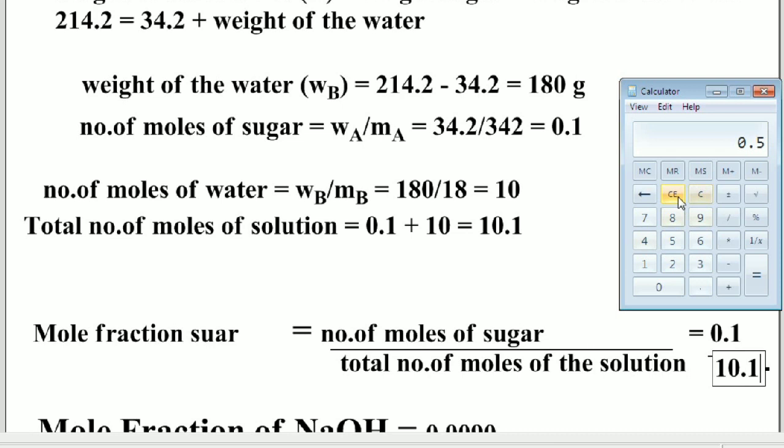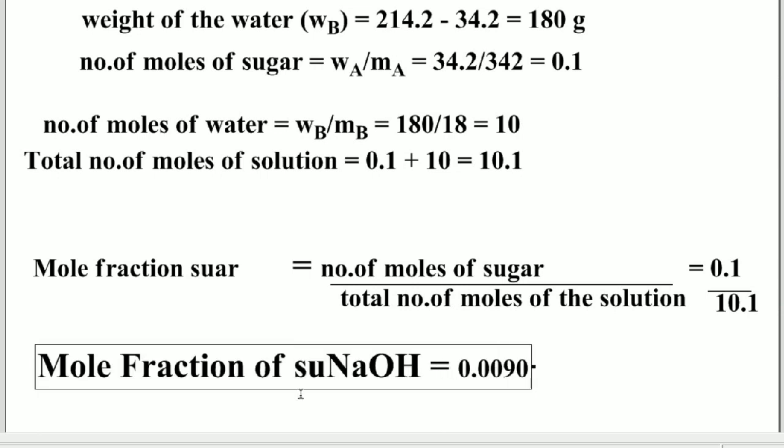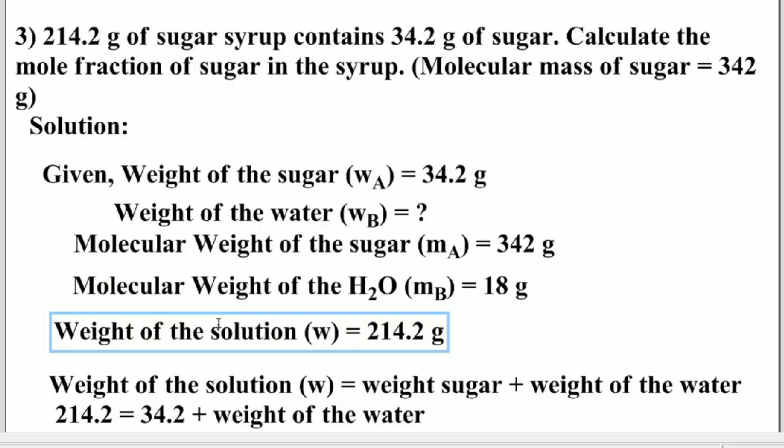Therefore 0.1 divided by 10.1 is equal to 0.0099. Therefore 0.0099 is the mole fraction of the sugar for the given problem.